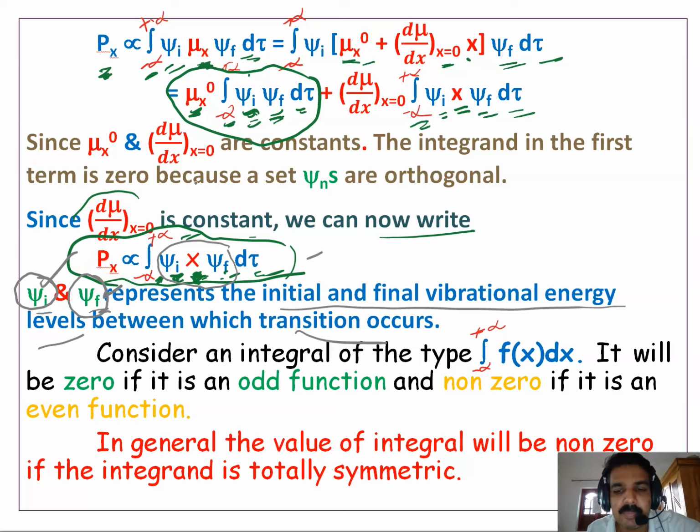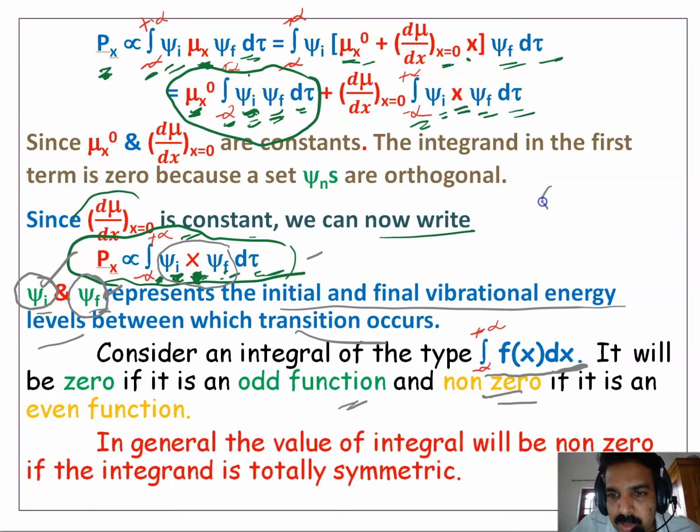And you have studied in mathematics that, consider an integral of the type integral from minus infinity to plus infinity of f(x) dx. It will be 0 if f is an odd function and non-zero if it is an even function. I think you may remember this from mathematics.